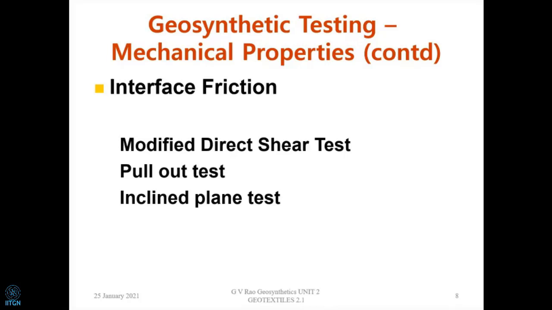So you can't use regular equipment for this. For this, there is another test called the inclined plane test, which is very similar to what in your school days you would have seen: there is an inclined plane on which we keep this entire material and then allow it to slide at different angles. The angle at which it is going to slide is what is called the angle of shear resistance. So that we'll see when it comes to landfills.